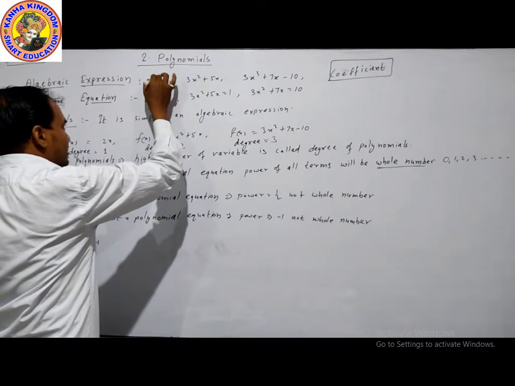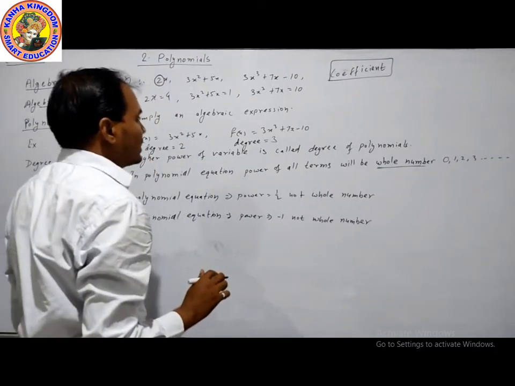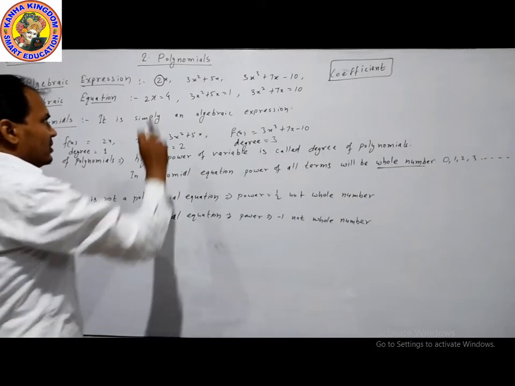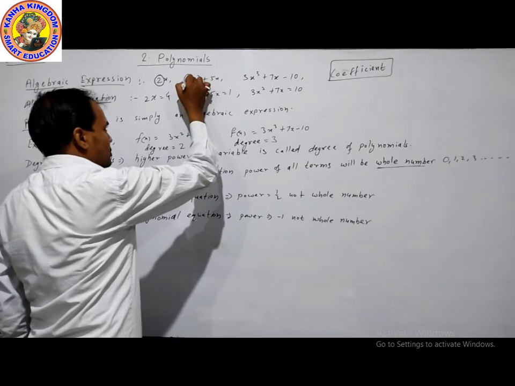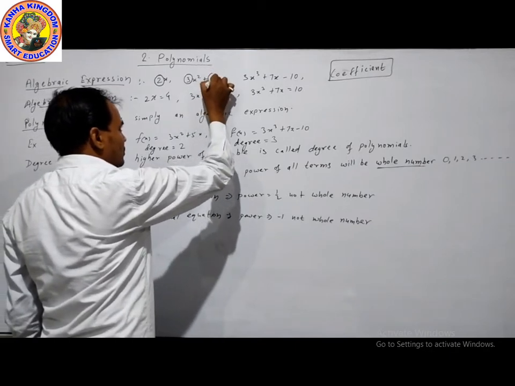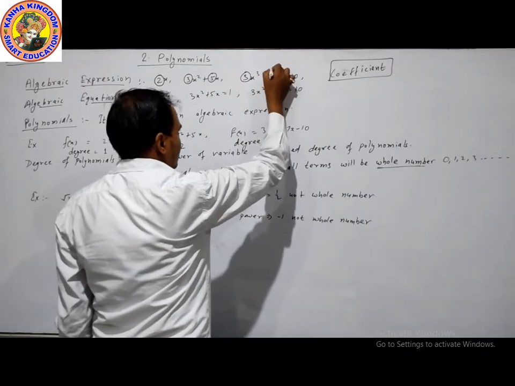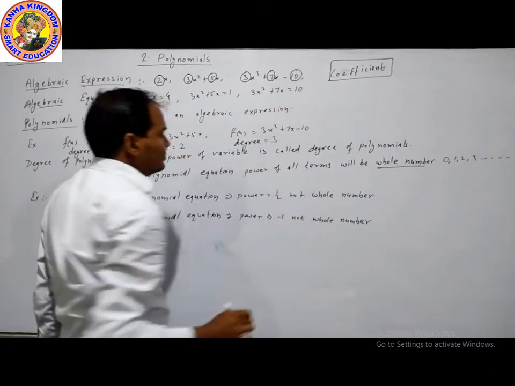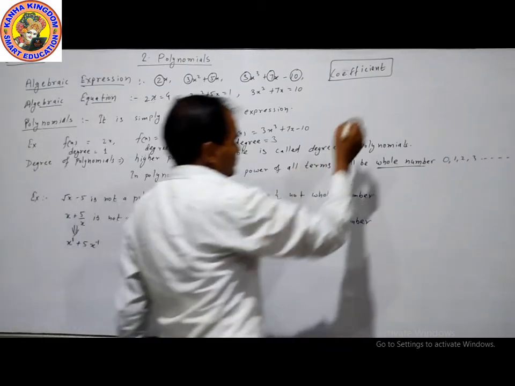The constant multiplier with a variable is called the coefficient. These are the constant multipliers, called coefficients. This is our coefficient.